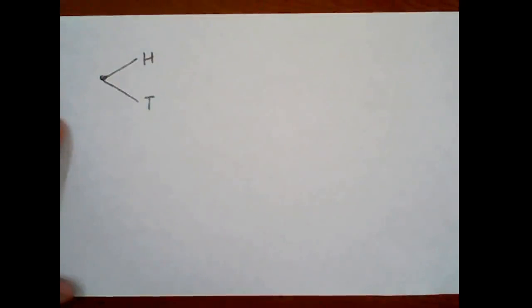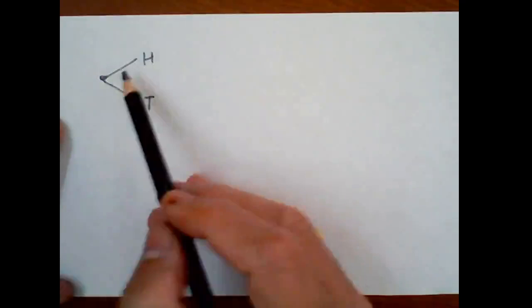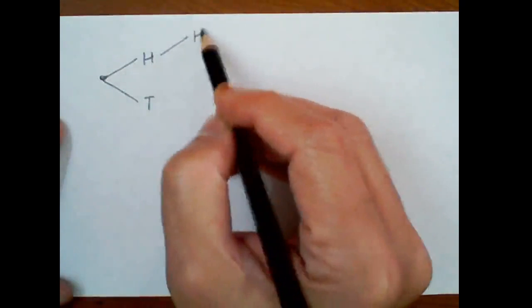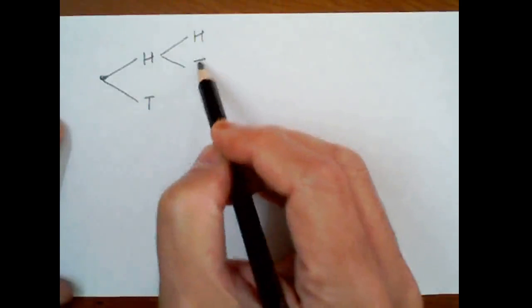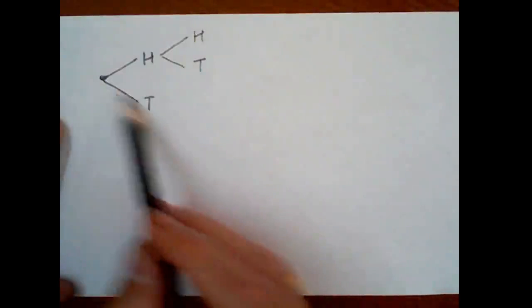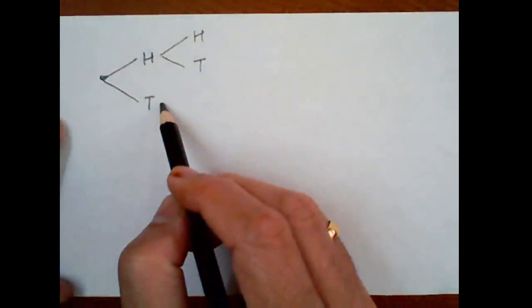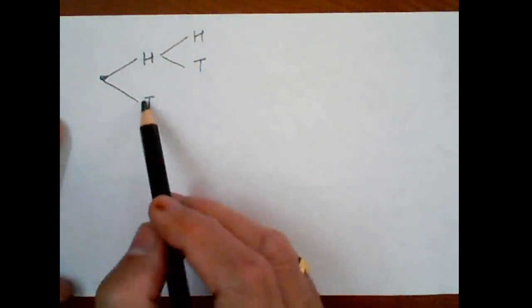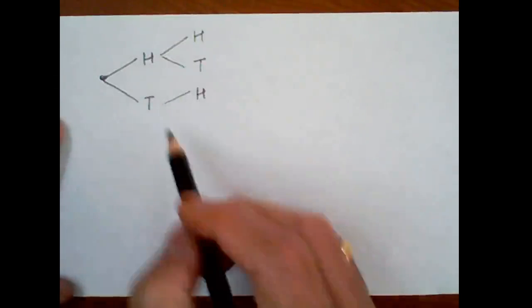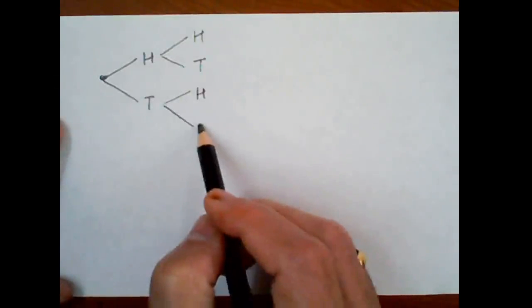And for heads in the first toss, when you do the second toss, you could have heads or you could have tails. Similarly, for tails in the first toss, when you do the second toss, you can have heads or you can have tails.